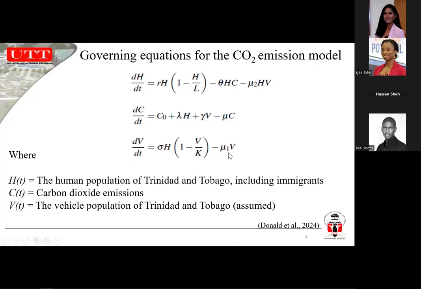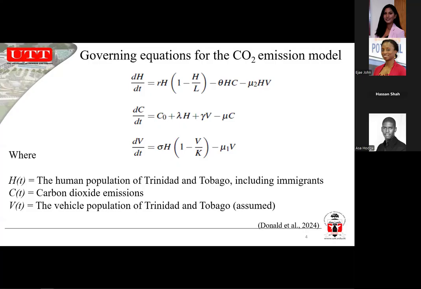And lastly, we have the death rate of vehicles, vehicles being replaced. Additionally, his model considered CO2 emission from forest biomass. However, here in Trinidad and Tobago, the CO2 from the forest biomass was not sufficient when compared to the other sources of carbon dioxide emissions.